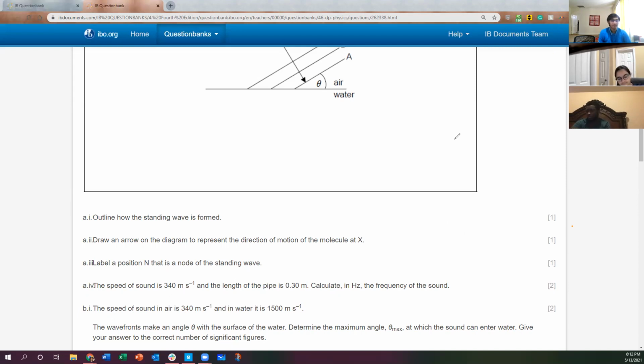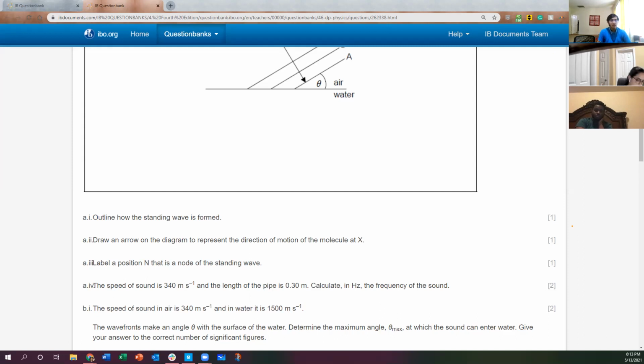Because if it's above that angle, what's going to happen is you're going to have total internal reflection, and this wave is going to be totally reflected back into the air. It's not even going to go into the refraction. The angle of refraction is going to be 90 degrees, right? So we want to find that maximum angle, which is the critical angle in this case.